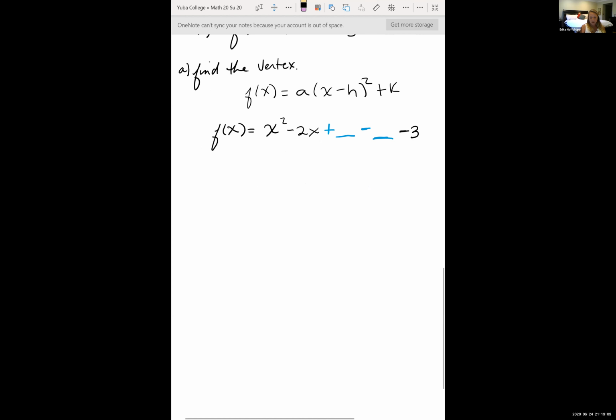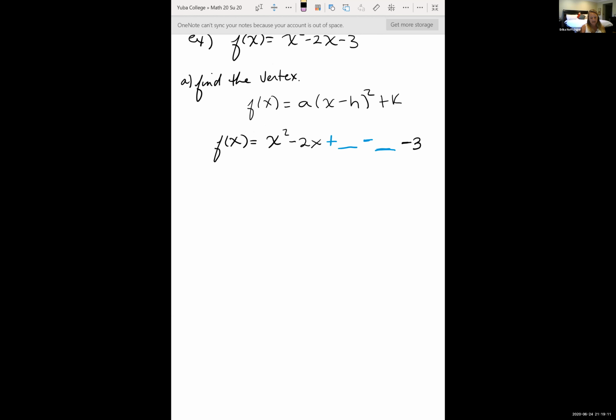Okay, so that same number that adds to give us -2, when you multiplied it together, well, we half it, so that's -1. So -1 times -1 is +1. So to make this a perfect square, I need to add 1 to those x terms. And so really I want to add 0 here. So I'm going to write it as +1 minus 1.